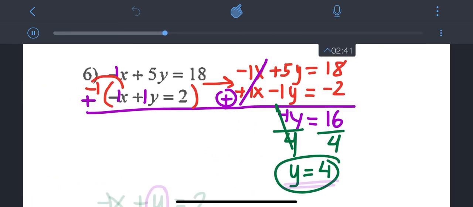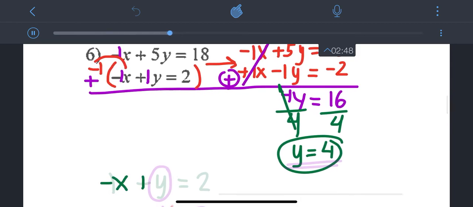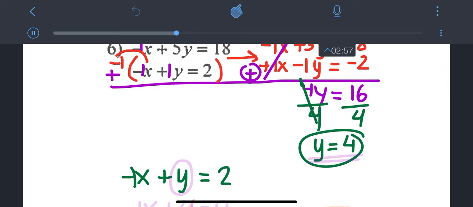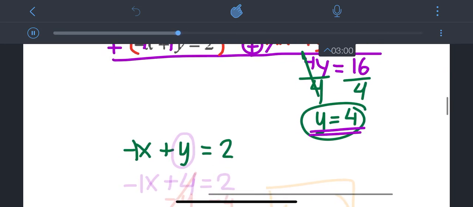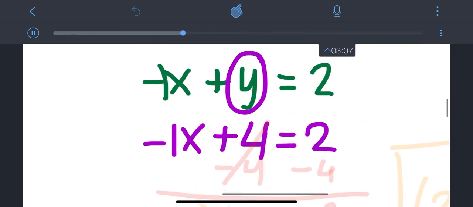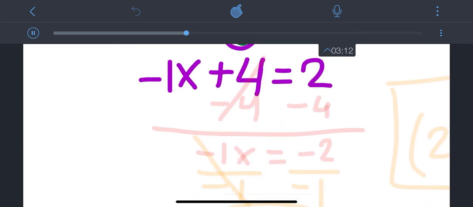It doesn't matter which equation, so I'm just going to use the bottom one, -x plus, remember that's a -1x, plus y equals 2. Well, what is y? We just found y is 4. So I'm going to put a 4 here. Okay, now we have to start solving for x. So I'm going to subtract 4 from both sides.